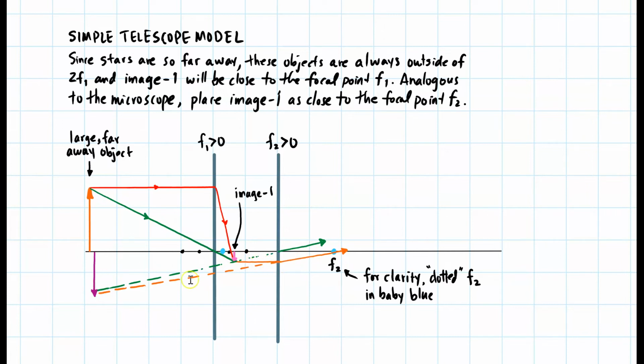I follow it back, then it goes through the focal point, through the middle of the lens for ray 2, and as these rays cross, they're back here, and you can see that this image is larger than what that is. So once again, placing the image of the first lens close to the focal point of the second lens really magnifies the image.